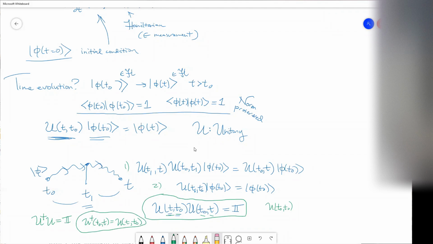So that's if you combine it with unitarity. And so that's where I leave off. You can actually use this identity to show that the Schrodinger equation must be satisfied. From just pure logic, you can derive the Schrodinger equation. We'll see how that comes in next time, I guess.